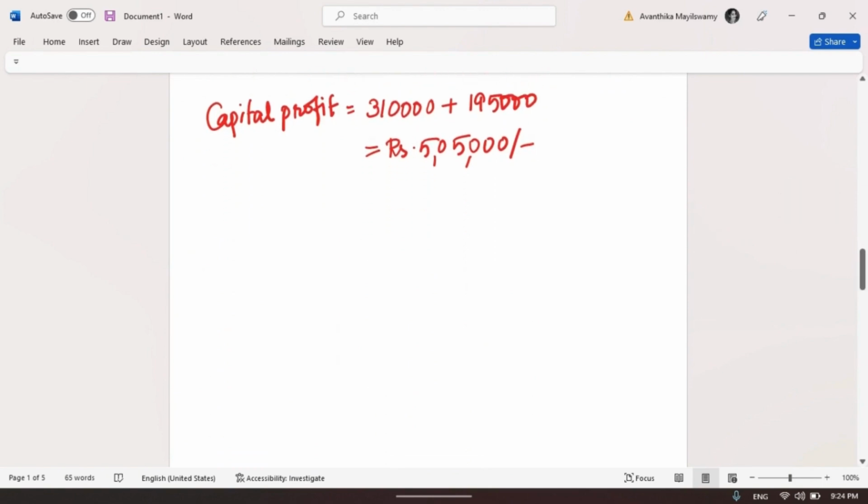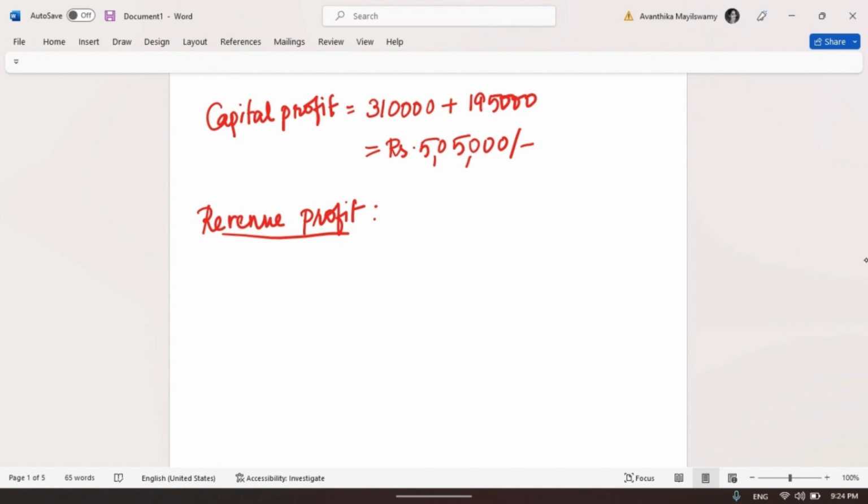So next we have to calculate the revenue profit, which is nothing but the profit which is earned by this organization after the acquisition. So whatever amount the particular institution has after the calculation of your capital profit, it constitutes your revenue profit.